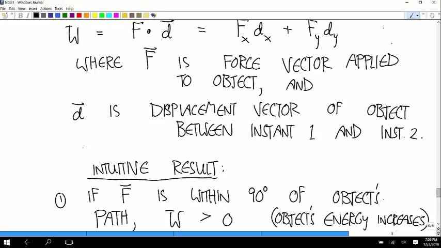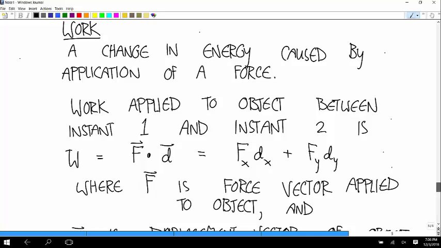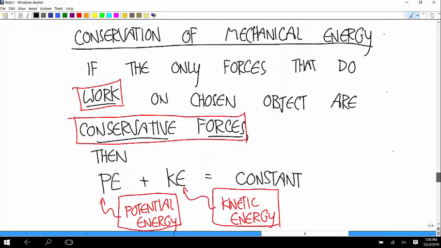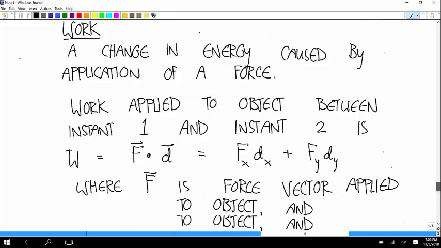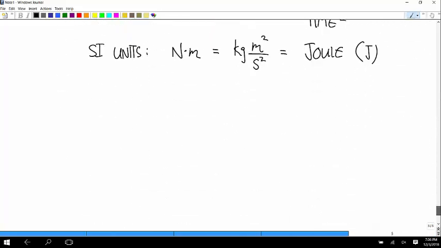Okay, so the next thing we have to define, that is all we need to know about work. But now let's talk about kinetic energy. We're just going to go through and define all of these four things. So kinetic energy.